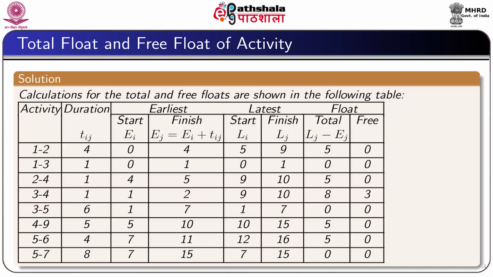From the figure already shown in the previous slide, we can easily write the values of EI and LI, and from that we can find the values of EJ and LJ. Total float can be obtained by taking the difference between LJ and EJ, which can be easily obtained.